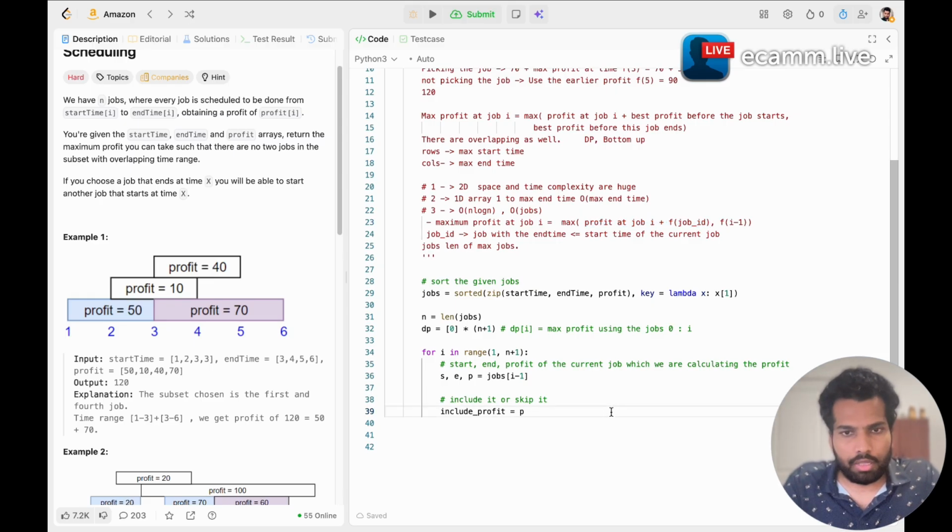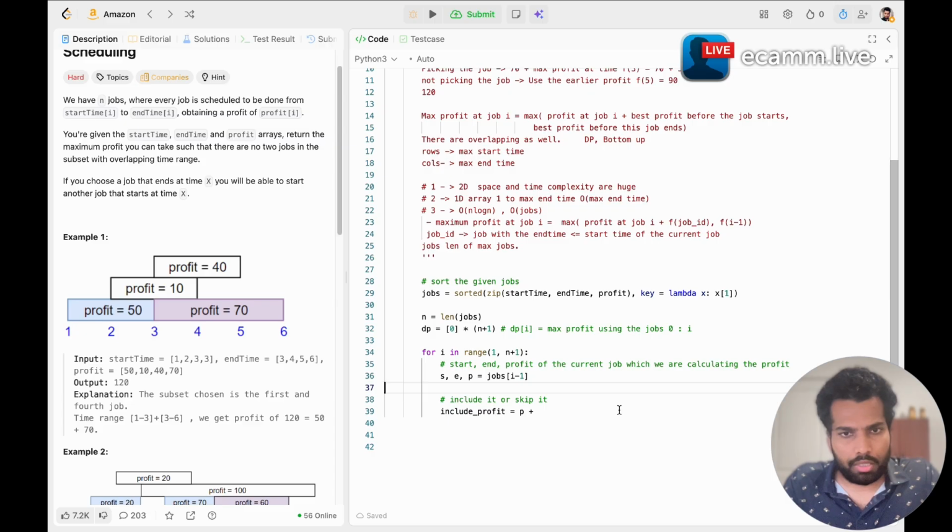Profit is already there, which is p, and now we need the job id, right? So we need the job id that has the end time that is less than or equal to the start time. So for that I think we need to do a binary search, right?